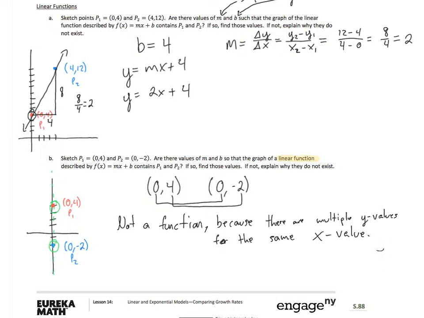Also, I can look at this in terms of geometry. For the reasoning, it does not pass the vertical line test.